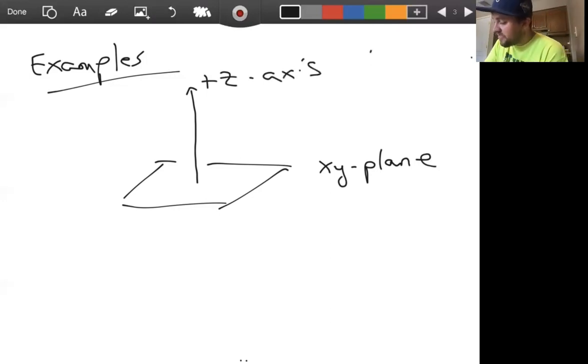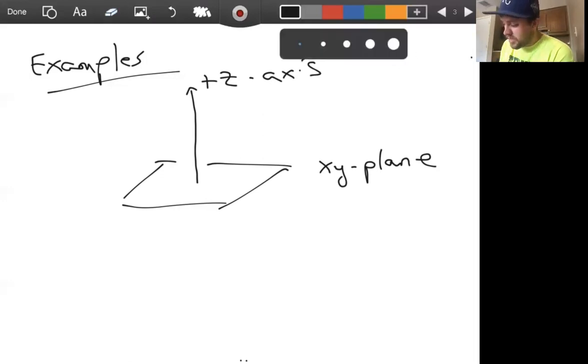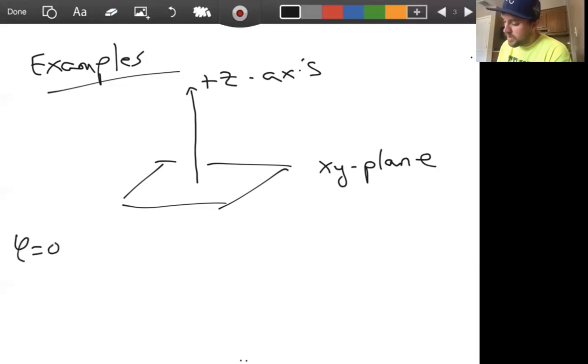What is the angle phi equals 0? Well, the angle phi equals 0, that's the positive z-axis, right? Because we're at no angle from the positive z-axis.